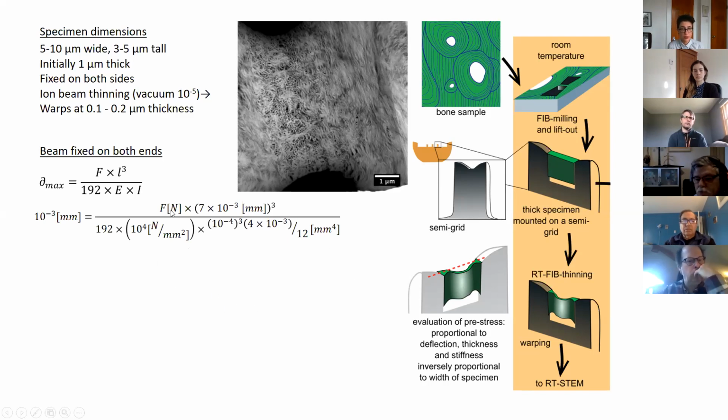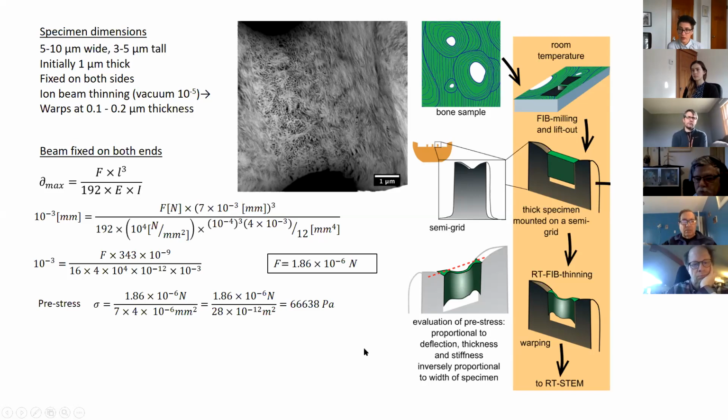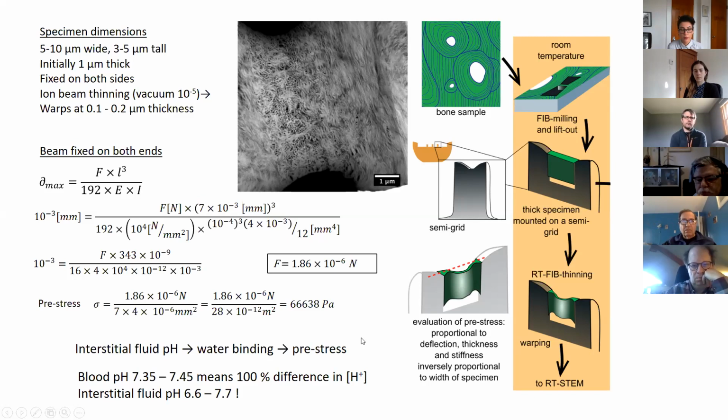If we substitute some known values, such as the deflection, the extent of warping, the dimensions of the beam, its second moment of area, and Young's modulus, it results in this amount of force acting perpendicular to the lamella, and normalized by the area, it puts the pre-stress value in the ballpark of air pressure in the tires of a motorized vehicle. And this pre-stress is mediated by water.